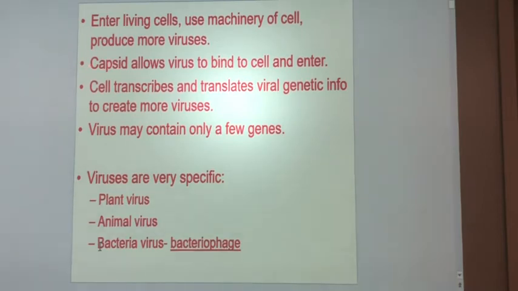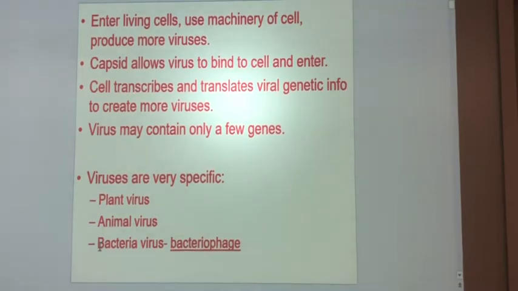Well, we've already talked about the capsid. So the capsid allows the virus to bind to the cell and enter. It also protects. So this is protection as well. Now what's going to happen, the cell has been commandeered by the virus. So the cell is going to transcribe and translate.